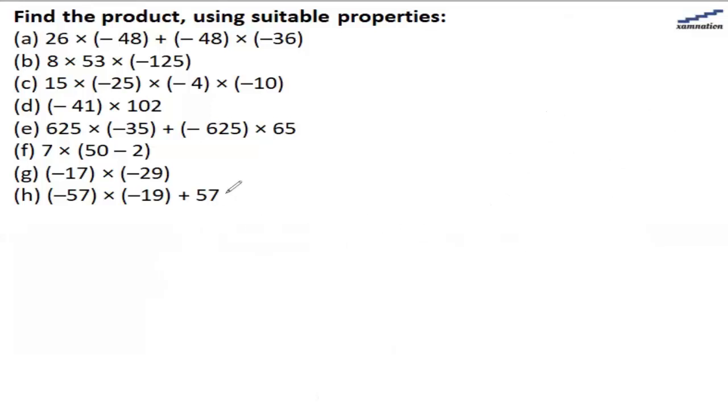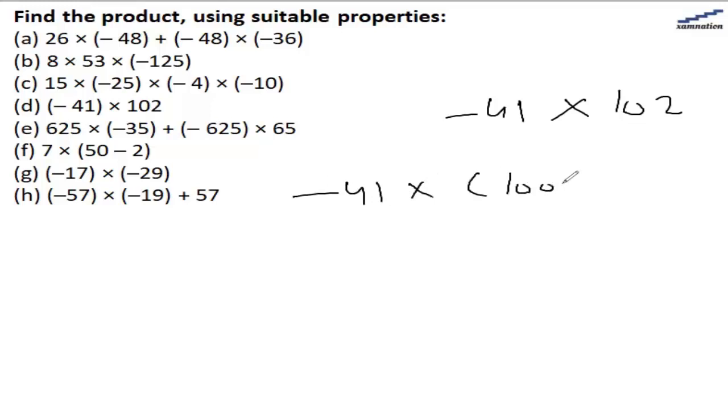The fourth part: we have minus 41 multiplied by 102. Here we are going to use the distributive property of multiplication, where we write 102 as 100 plus 2, and when we open this up, it gives us minus 41 multiplied by 100, and then minus 41 multiplied by 2.